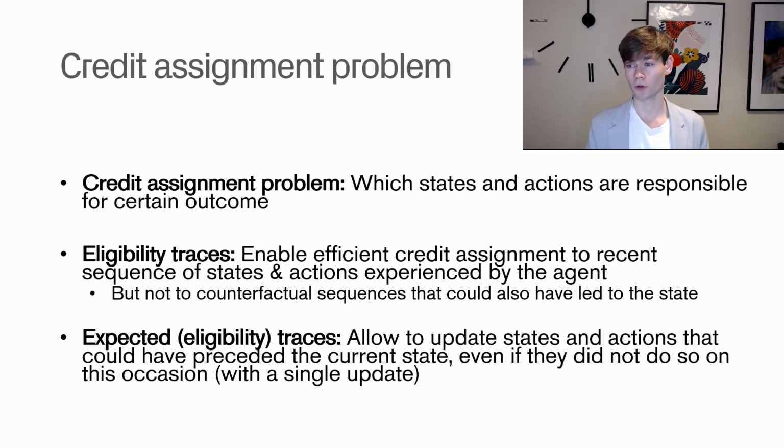To do that, we need to know the effect of being in this state. Assigning the credit for those states is what's called the credit assignment problem. And the eligibility traces that we discussed in the previous slide enable efficient credit assignment to recent sequences of states and actions experienced by the agent.